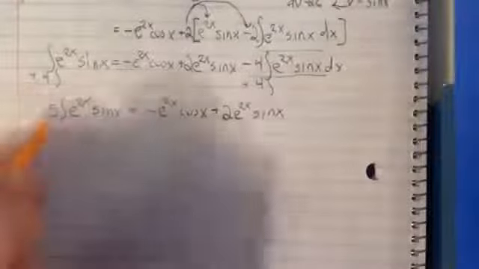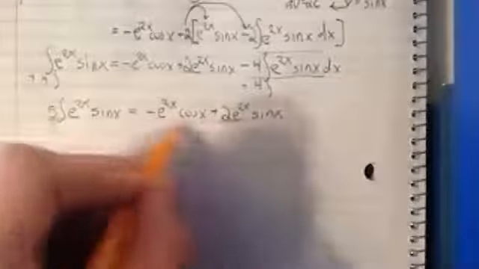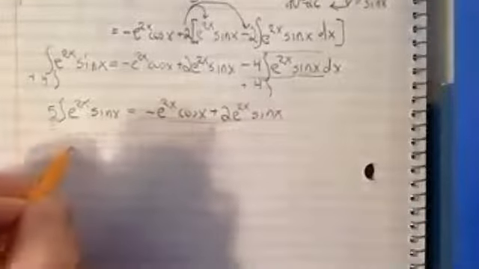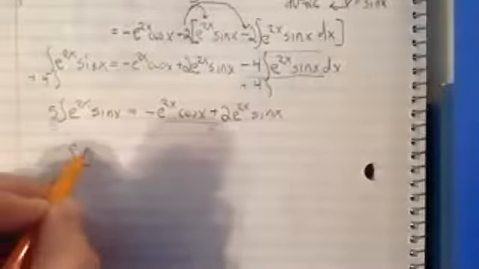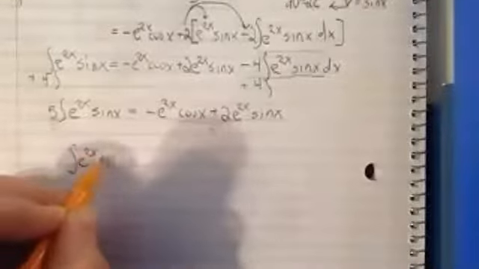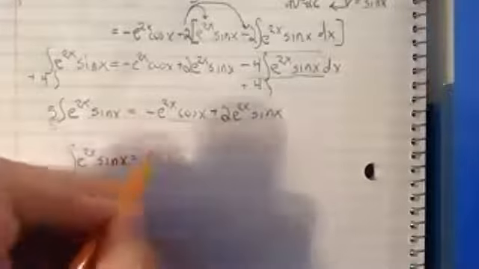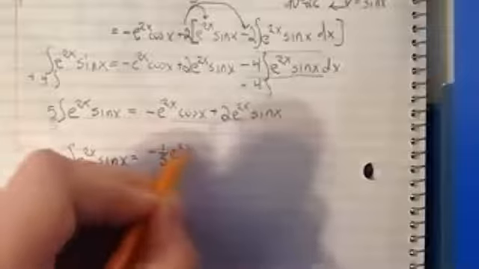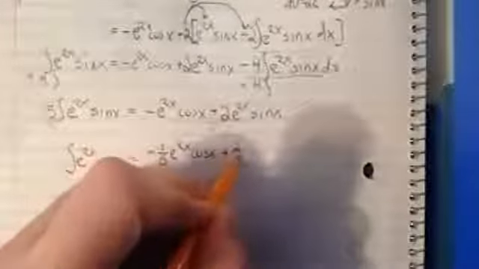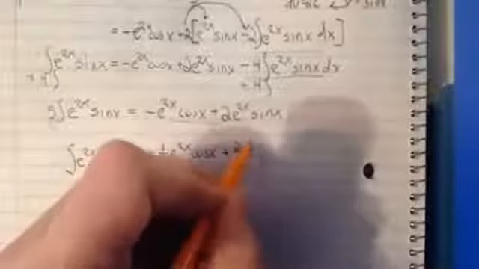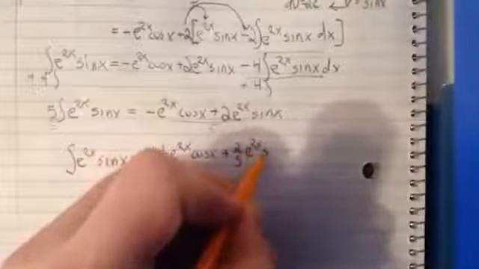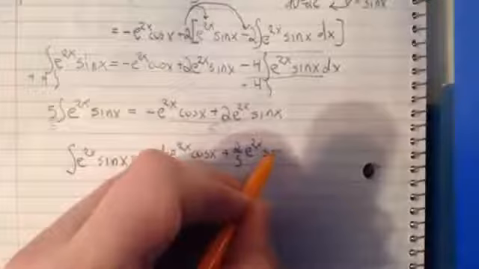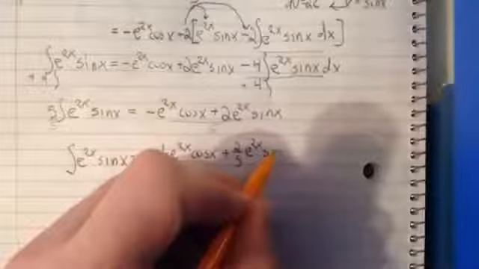So if we divide everything by 5, divide this whole side by 5, you would have the integral of e to the 2x sine x equals negative 1/5 e to the 2x cosine x plus 2/5 e to the 2x sine x plus c. Boom, you're done.